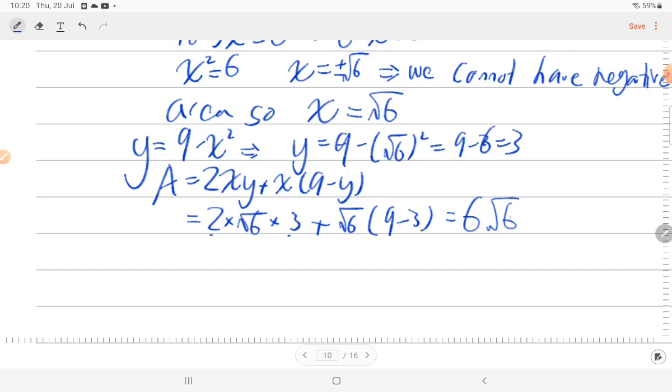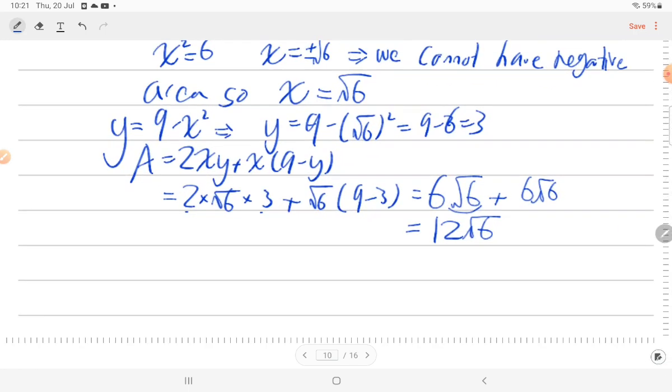So 9 take away 3 is 6, and we just keep the square root of 6 as like a variable, so we have 12 square root of 6. This seems slightly unfamiliar, but this is how we treat square roots.